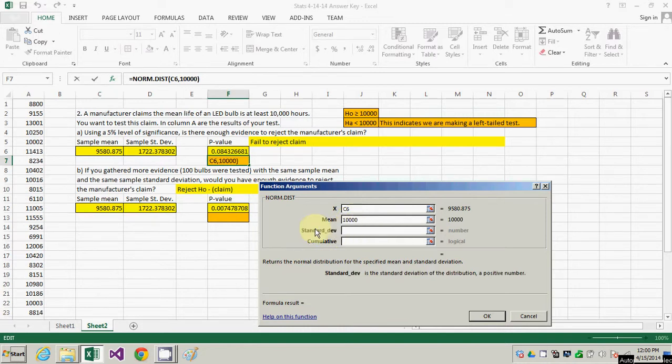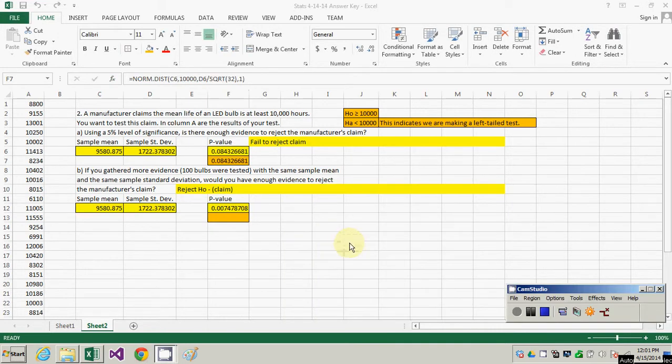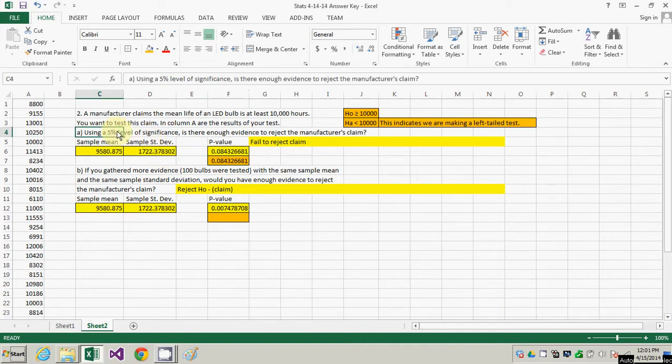The sample standard deviation is what we look for next, divided by the square root of the sample size, n, which is again 32. So that's the standard error, and 1 for cumulative. And we have the answer, as you can see, approximately 8%, almost 8.5%. But in any case, it's 8%. It is not less than the 5% as stated in the problem up above.